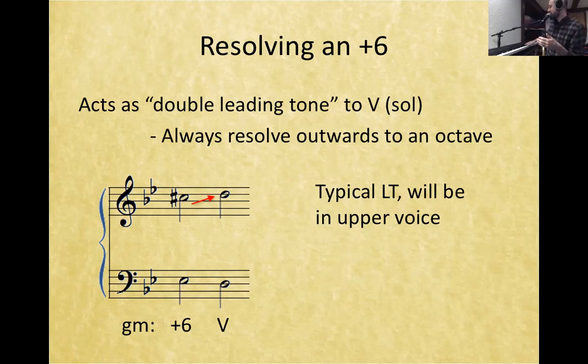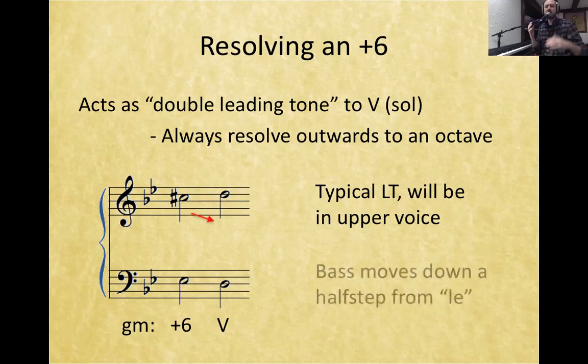So same thing here. The leading tone that looks like a normal, typical leading tone for us is going to be in an upper voice, meaning not in the bass. And the reason for that is that we have our other leading tone in the bass voice. So the bass gets this downwards leading tone.